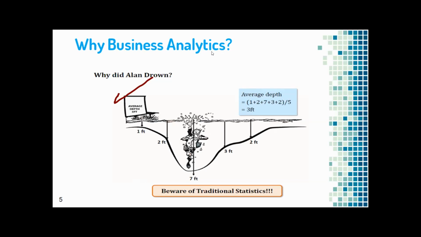Can anyone tell me? Why could he not cross the river? Because he could not assess the 7 feet depth. He just saw the average depth.